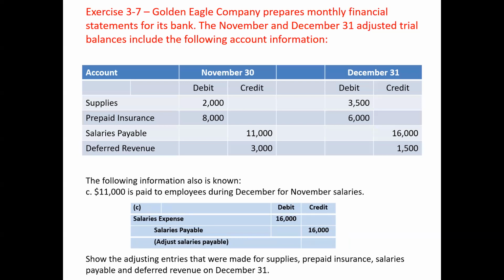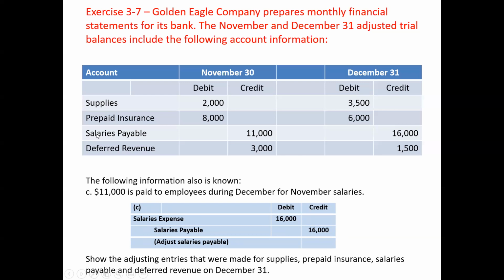Next, the following information is also known. $11,000 is paid to employees during December for November salaries. So what looks like is happening is in November, there were employees that worked.